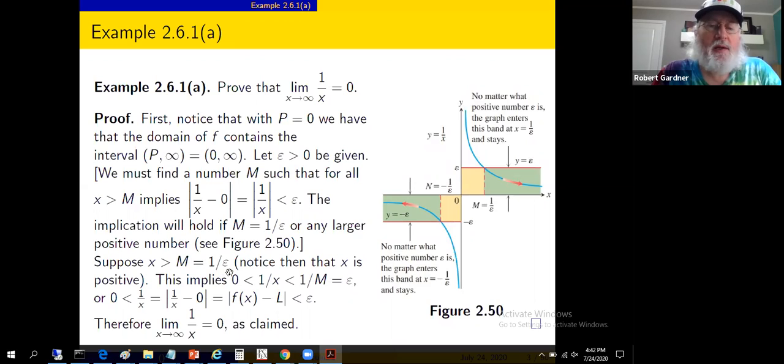All right, let's take reciprocals. That'll give us a 1 over x, a 1 over m, and an epsilon. But a reciprocal, and here's the reciprocal function right here, notice it's a decreasing function when we input positive things. Let's concentrate on the fact that we input positive things, which is what we're doing.